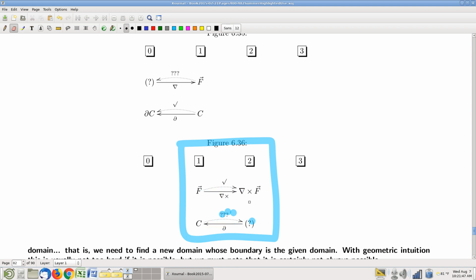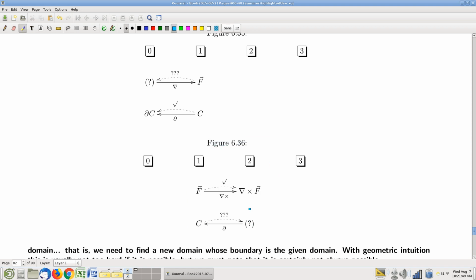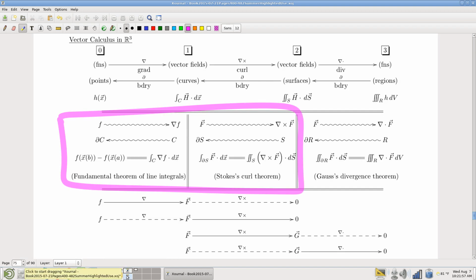So as we were talking about these theorems, in all cases I was describing these as, well, there's an asterisk. There's a catch. It doesn't always apply. So this is just an observation about that. If you want to compute a line integral with Stokes' curl theorem, the catch is you can't just do any old line integral. It has to actually be a boundary of something. And you need to know what it's the boundary of, because what it's the boundary of is your new domain.